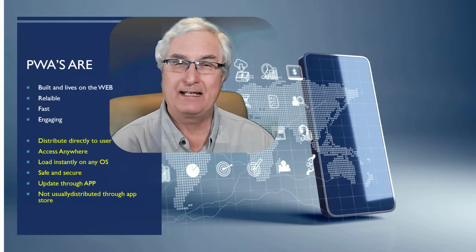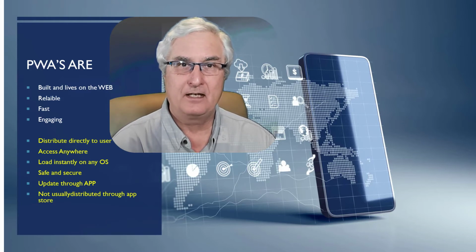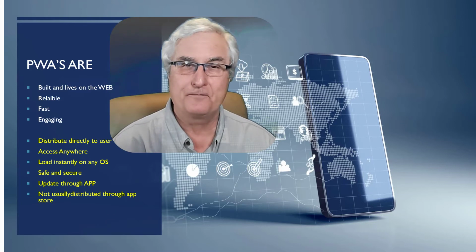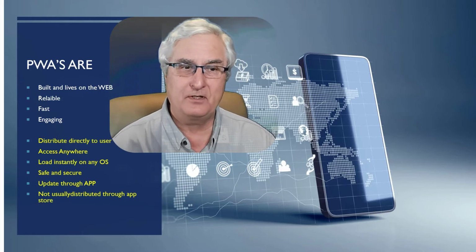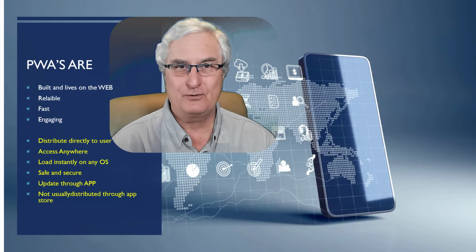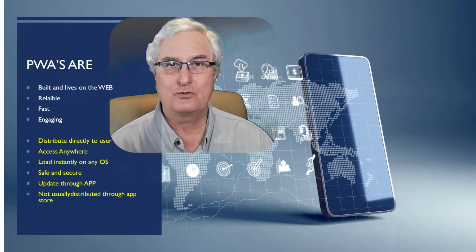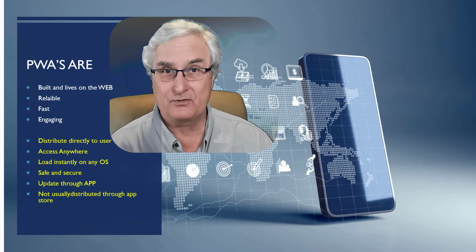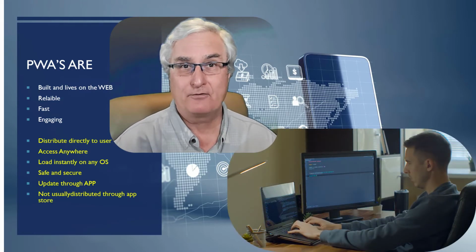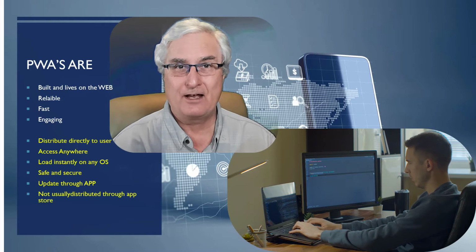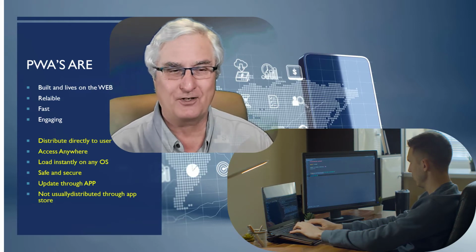PWAs are built and live on the web. They're reliable, they're fast, and they're engaging. And they're distributed directly to the user. In other words, they don't go through the Play Store or the Apple Store. A good example that we're going to use is Microsoft Office, which is downloaded directly from office.com.